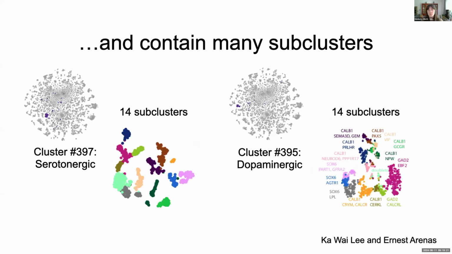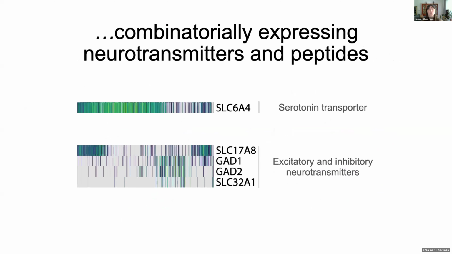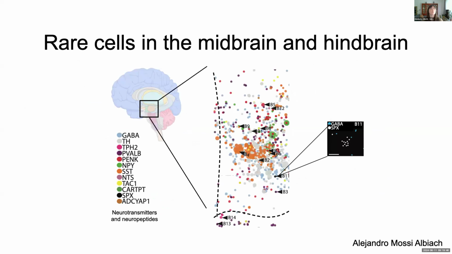And within these groups, we identified a lot of combinatorial expression of neurotransmitters and neuropeptides. Just as a quick example here, I'm showing the serotonergic neurons. And you can see that they express a gradient of serotonin transporter in combination with different genes necessary for excitatory and inhibitory transmission.